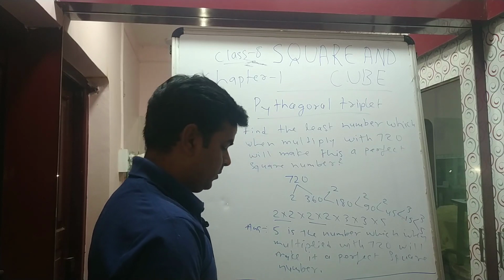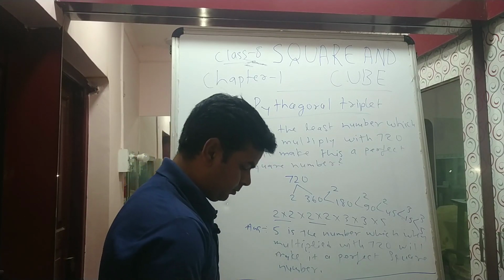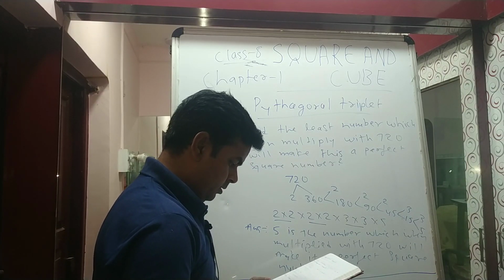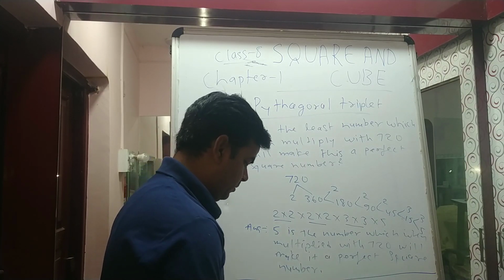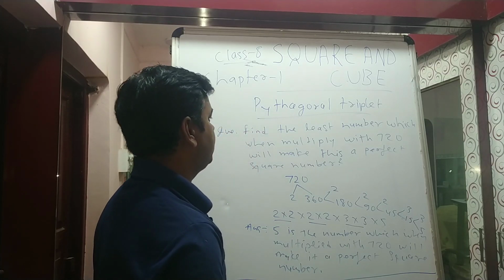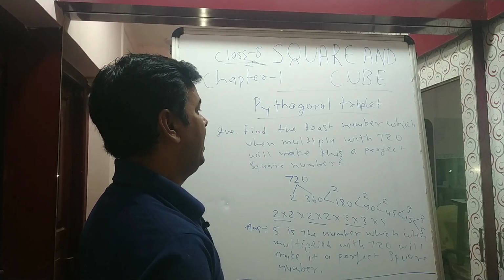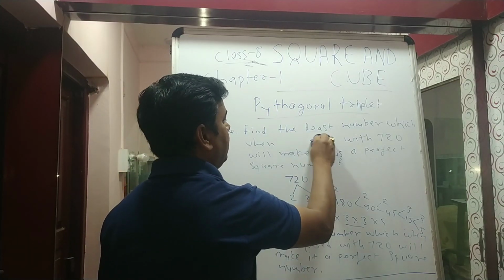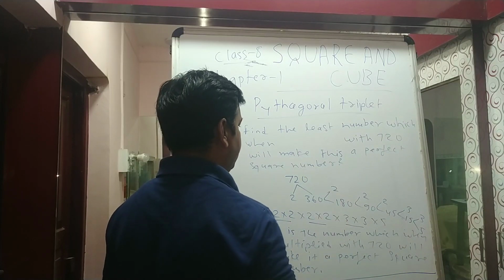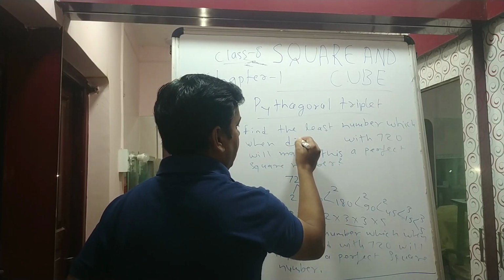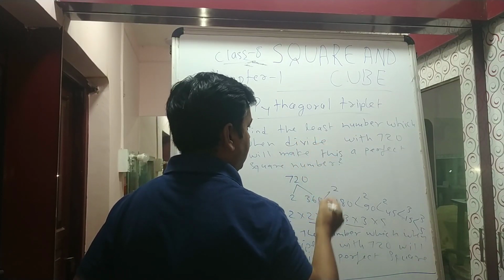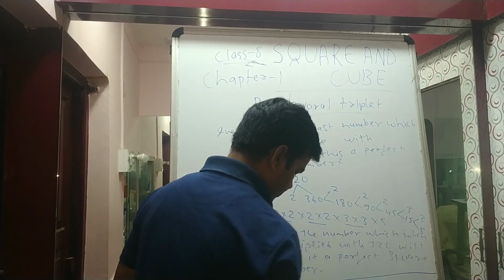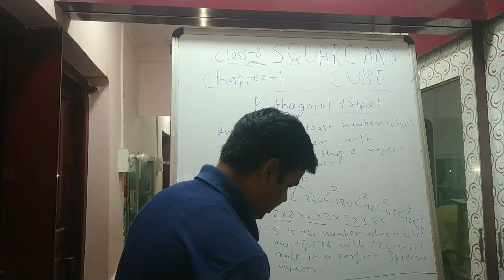Okay? Right? Note down. Now, if the question is find the least number which when not multiplied this time, but divided with, let's change the number, let's take 140.